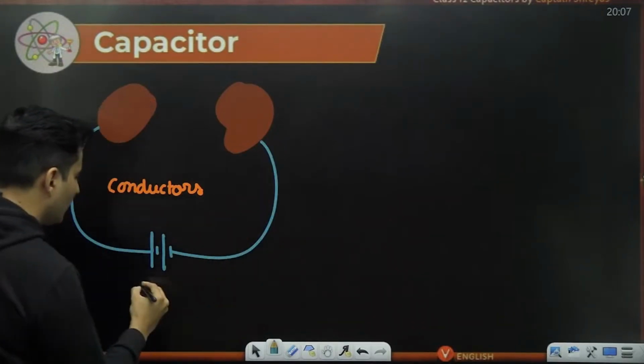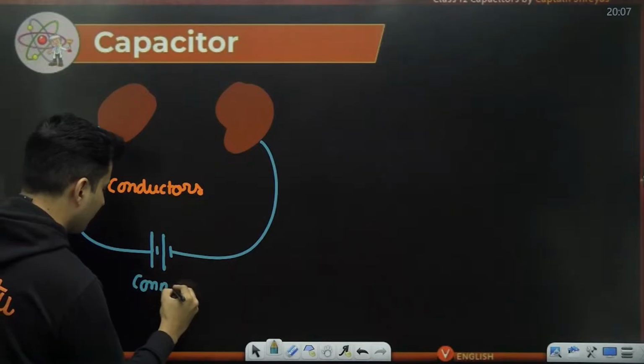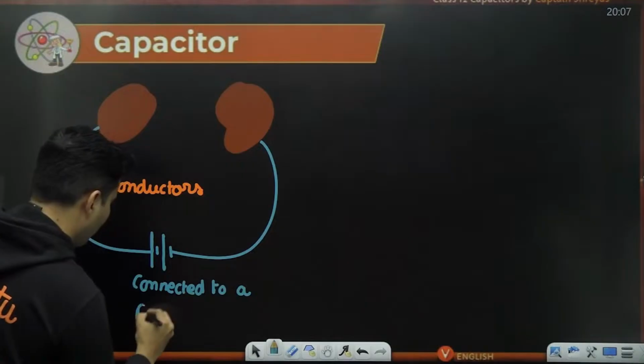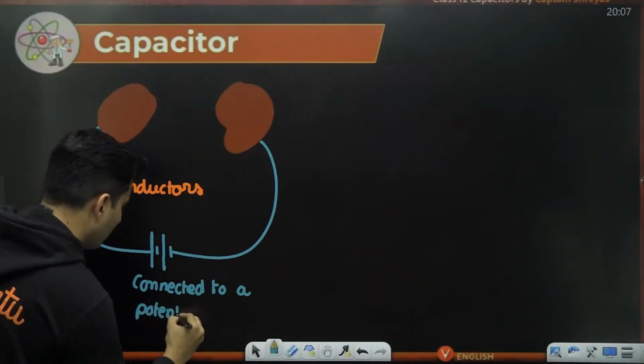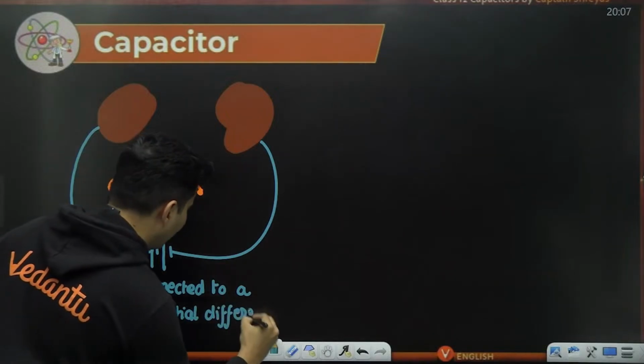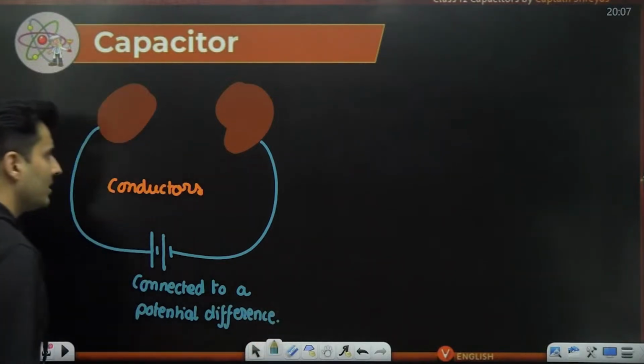All right. So it is connected to a potential difference, basically. So the battery creates a potential difference, voltage across it.